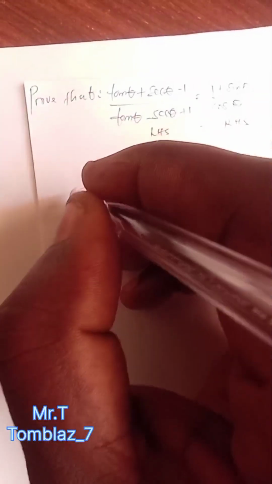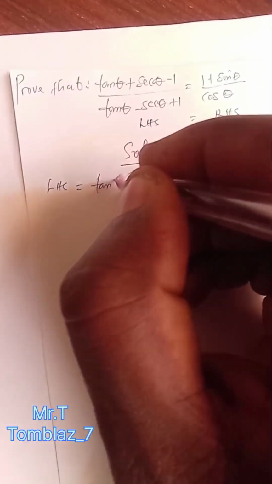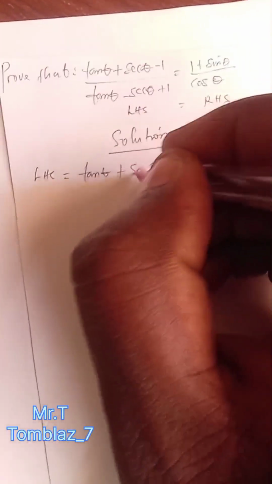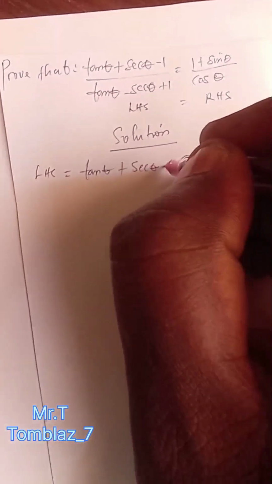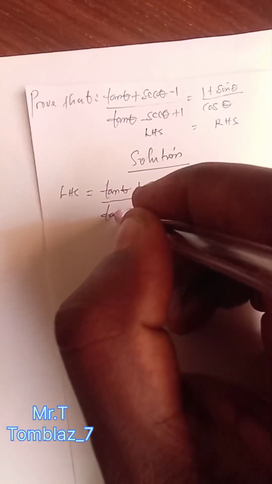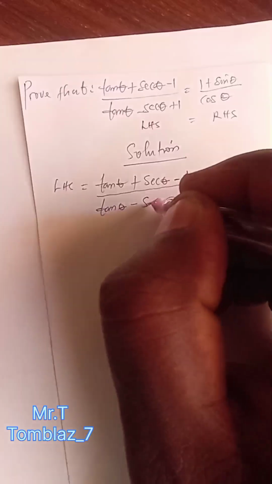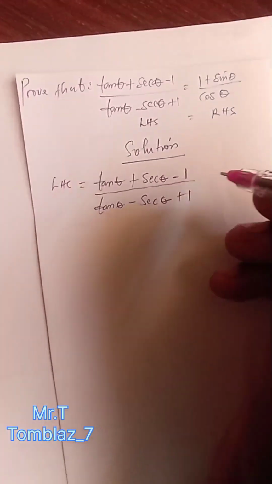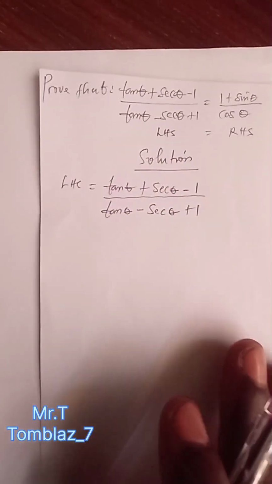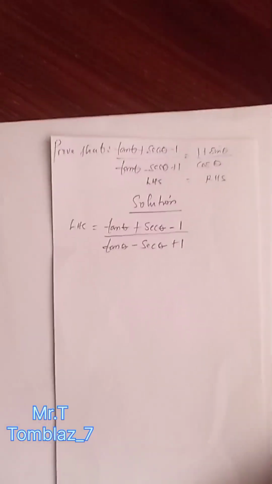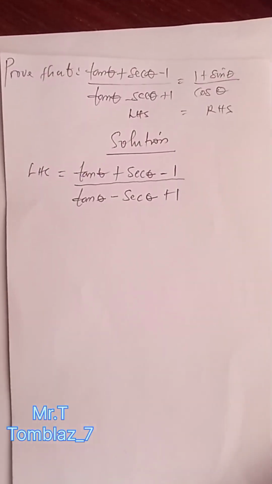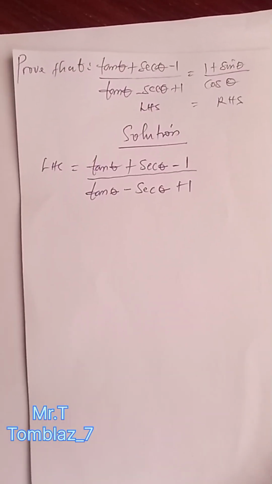Now, the left hand side is equal to tan theta plus sec theta minus 1 all divided by tan theta minus sec theta plus 1. Now, let's look at the numerator. You discover that we have 1 there.